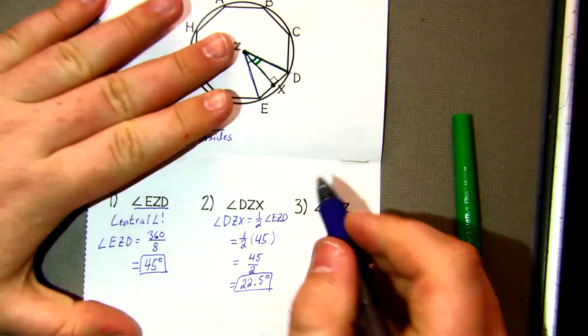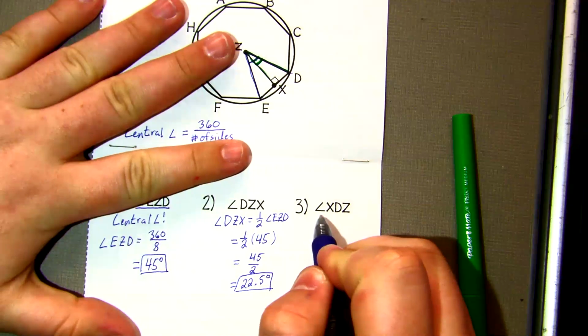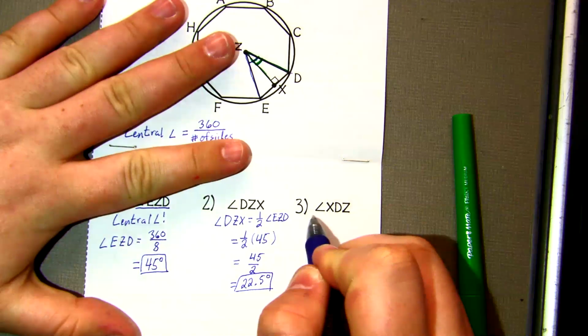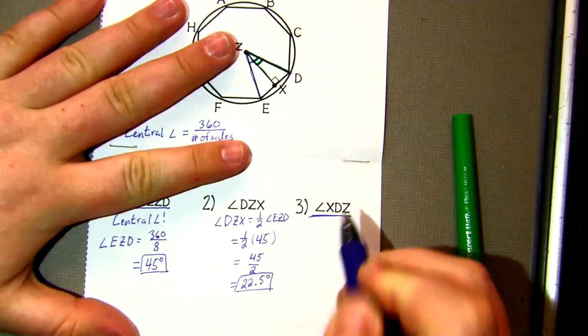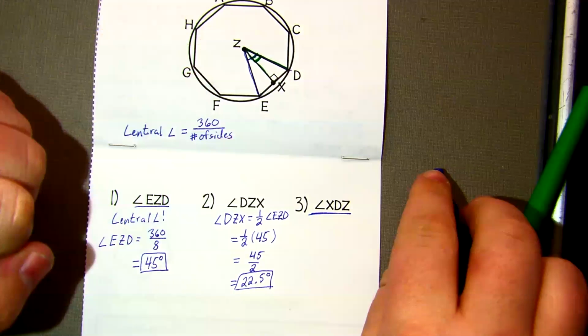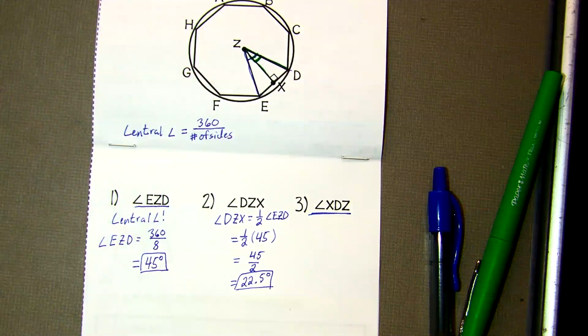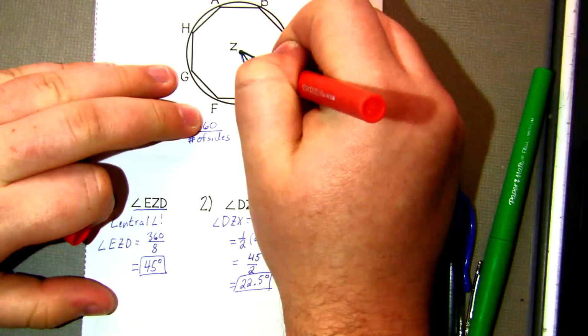So we've got one more angle that we need to find the measure of. Angle XDZ. What ideas do we have on how we could solve for angle XDZ? That's our angle right in here.